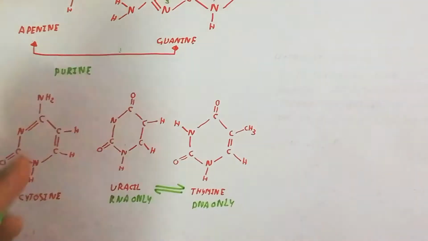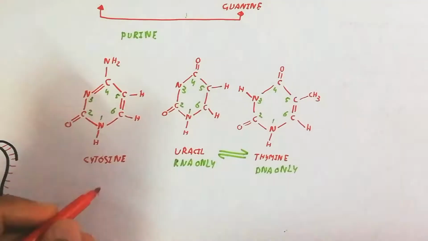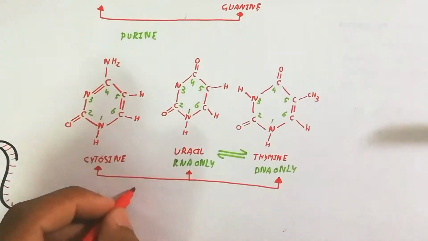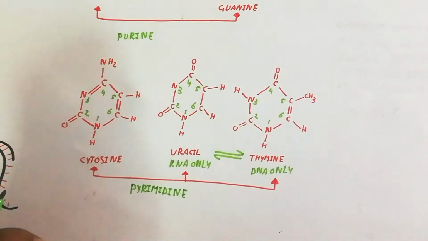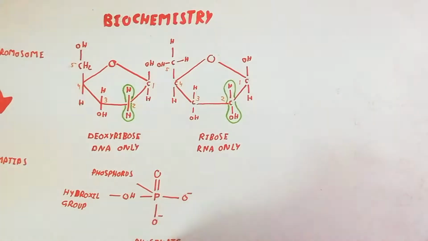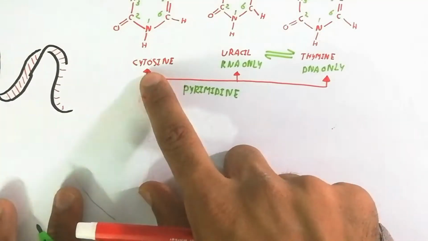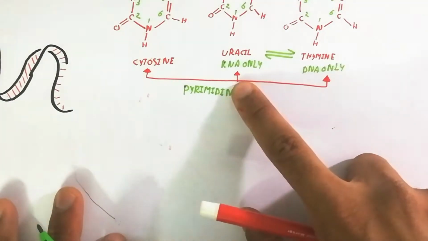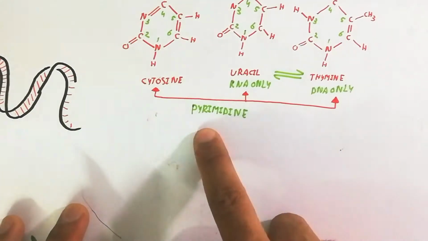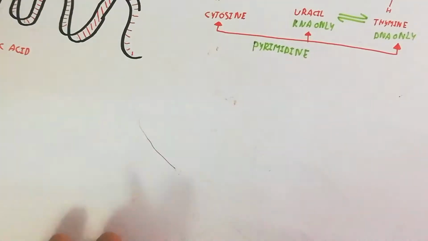Uracil is in RNA only, while thymine is in DNA only. In RNA only uracil is present, in the form of oxygen with the bond here, and here is the ribose, which is RNA only. Adenine and guanine are purines, and the single ring bases uracil, thymine and cytosine are known as pyrimidine. Pyrimidine is a single ring, and purine is a double ring.